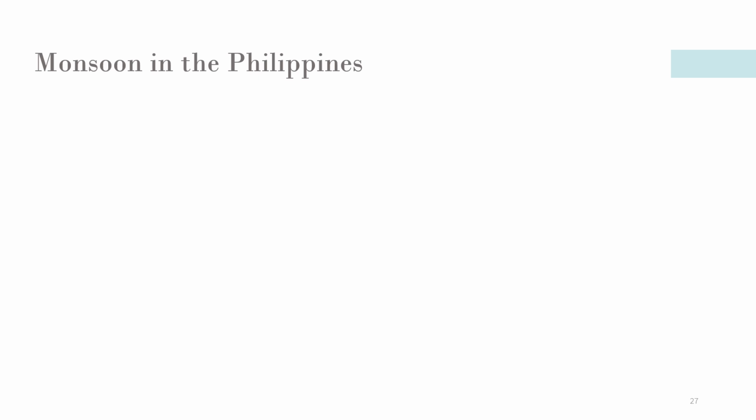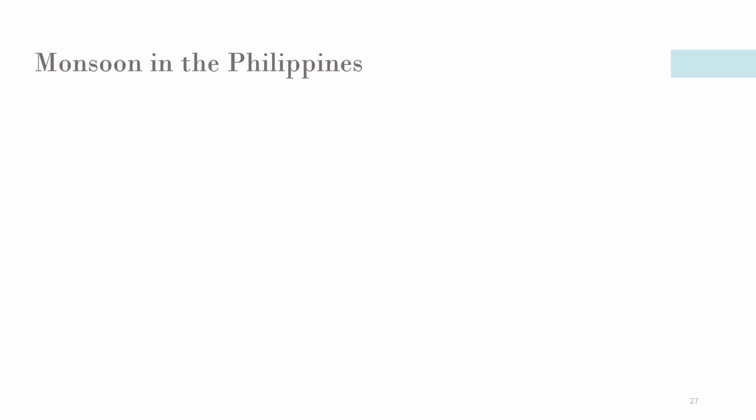And as we defined it, it is actually a large seasonal change in Earth's global circulation. So we've encountered winter monsoon, summer monsoon and the Asian monsoon, but now we're checking the monsoon in the Philippines to be more specific.